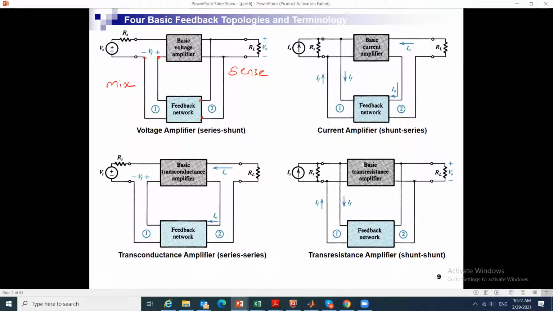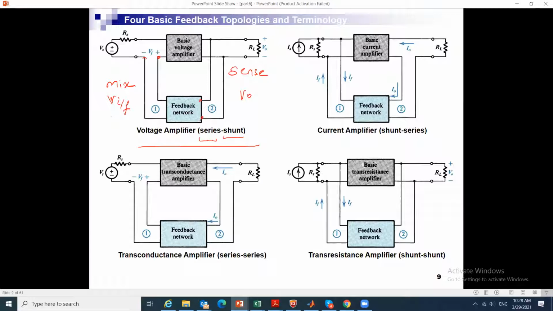Since this is VO and this is V at the input, VF, Vn, sensing a voltage means shunt or parallel, and mixing a voltage means in series. So a voltage amplifier with a feedback configuration is referred to as a series-shunt amplifier.